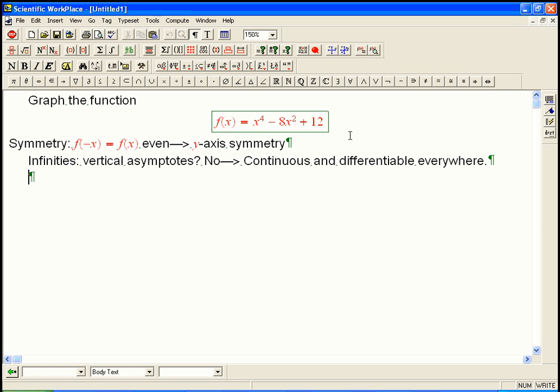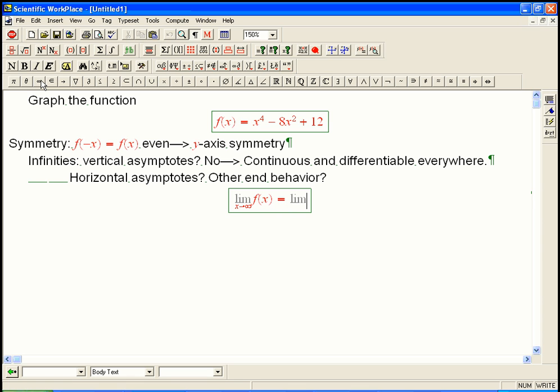And what about horizontal asymptotes, or other end behavior? In other words, what happens if I take the limit as x goes to infinity of f of x? Well, I put this polynomial in there.